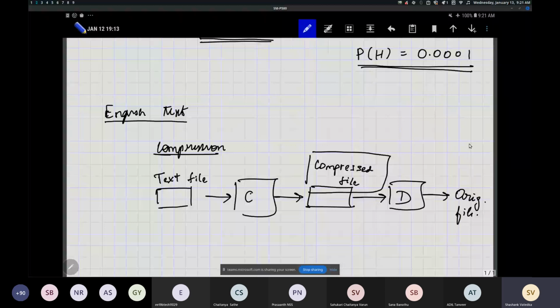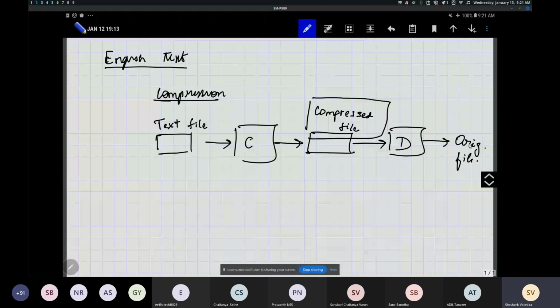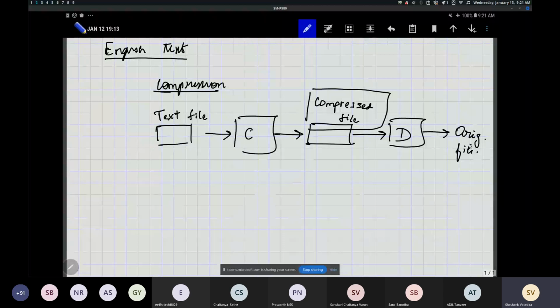So let us see what that means. Now let us suppose that you want to convey a message. So let's look at the following problem. Let's consider the case where you are the general of a particular army, and your goal is to attack a particular country, or maybe you want to defend yourself against an attack by another army.